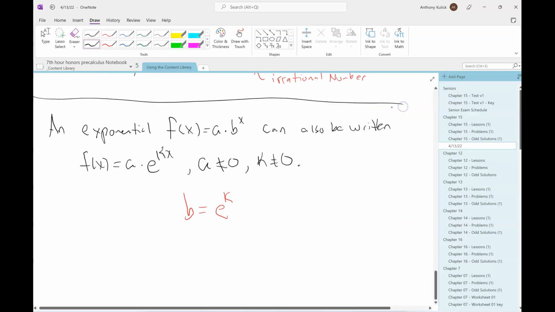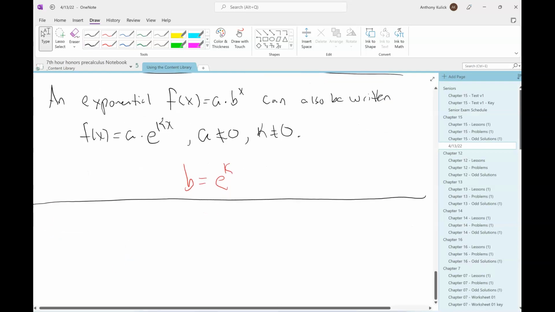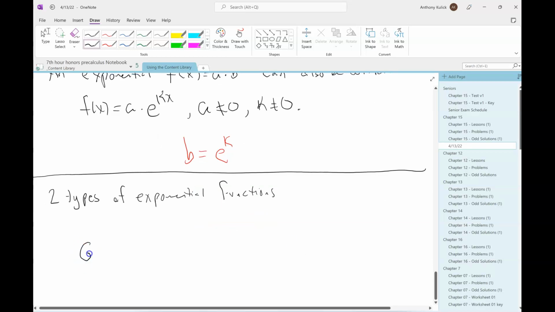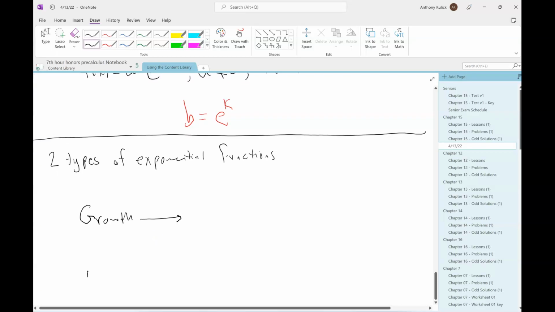Okay. So we'll circle back to this idea and talk about how we actually do this transformation later, but we need to build out a little bit more stuff before we're ready to do that. So when we talk about these exponential functions, we really classify them into two types. One type we talk about is exponential growth, and the other type we talk about is exponential decay.